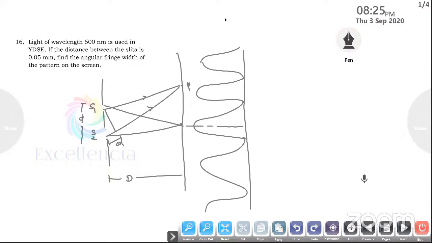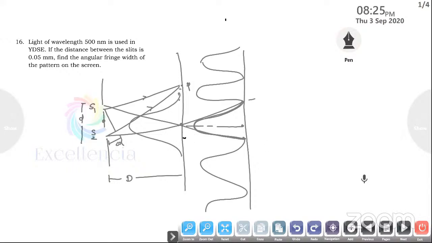If you observe the central maxima and consider this particular fringe, angular means how much angle it subtends here. That is called angular fringe width.